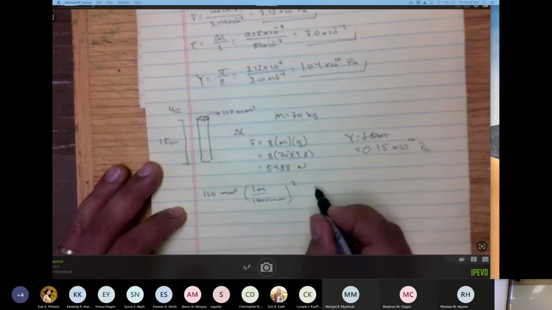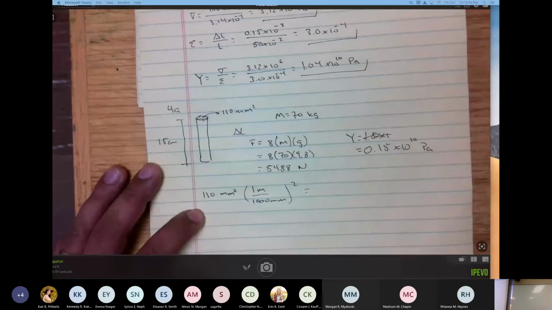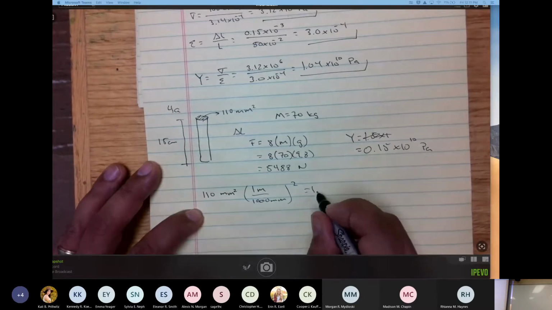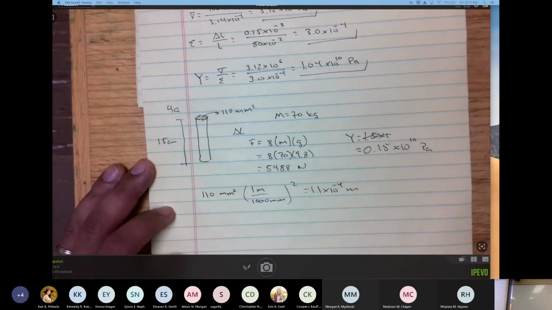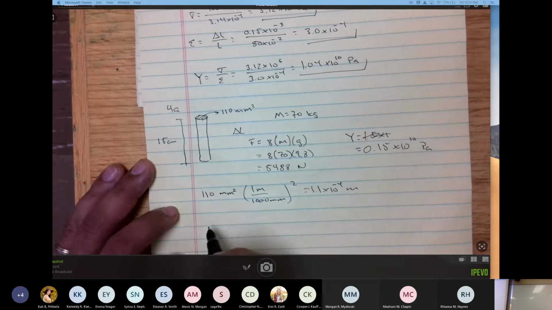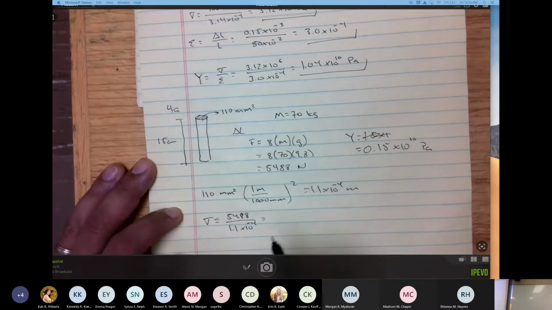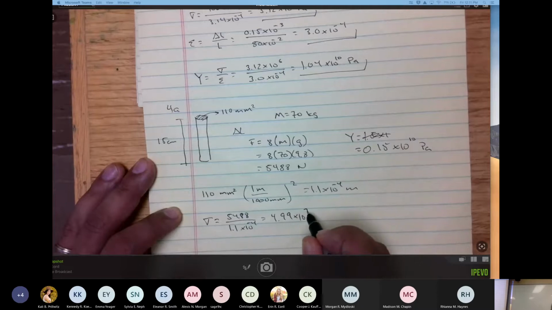That's going to be 1.1 times 10 to the minus 4 square meters. With that, I can calculate the stress. It's going to be 5,488 over 1.1 times 10 to the minus 4. That's going to be 4.99 times 10 to the 7 pascals.